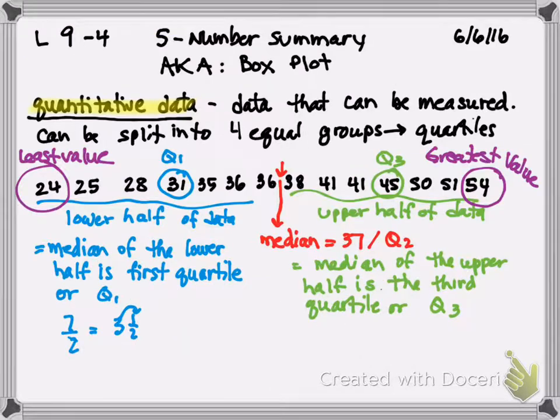All right, let's look back at the data. So the first section went from 24 to 28. The second section basically went from 31 to 36. The next section went from 37 to 45. And then we went from 45 to 54.